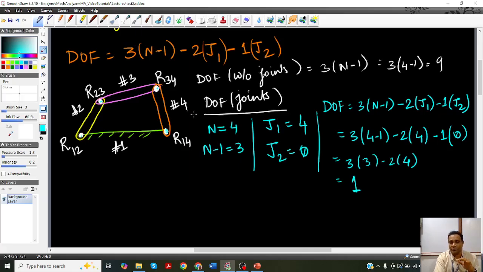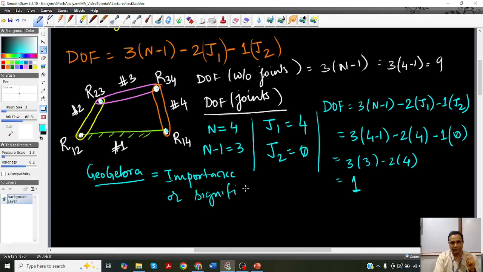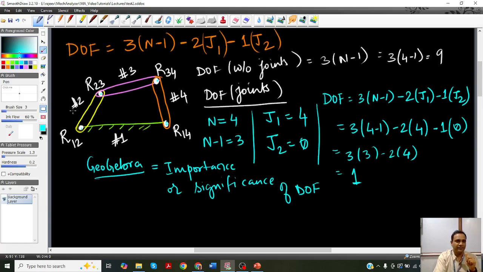When we go to GeoGebra, I'll be explaining this in another video. What is the importance or significance of degree of freedom will be explained after a couple of videos. Okay, so the mechanism that we derived just now has a specific name: we'll call this a 4-bar mechanism because it has 4 links.